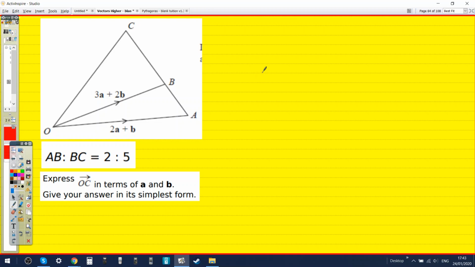Minus 2A plus B. Minus 2A minus B. Hold on. So what are you trying to find first? A to B. Okay. Yeah, go on. Minus 2A minus B plus 3A plus 2B, simplified to A plus 2B.